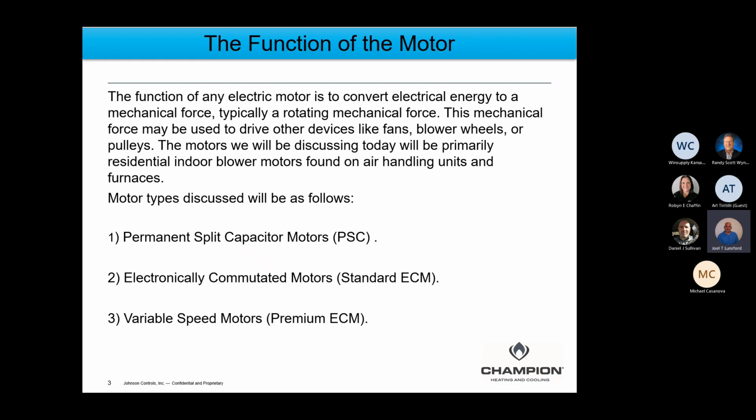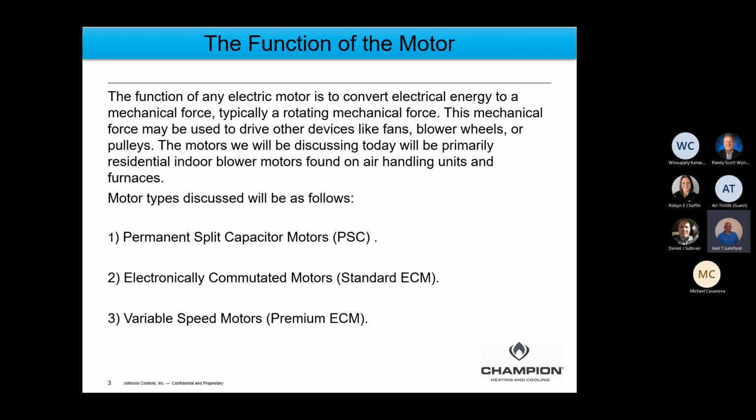But if you take that module off the back and you start ohming between the wires that are going to the windings on an ECM motor, all the readings should be the same ohm value. That tells you it's a three-phase motor and the windings are all the same value as far as an ohm reading. So that's a neat little troubleshooting tip.